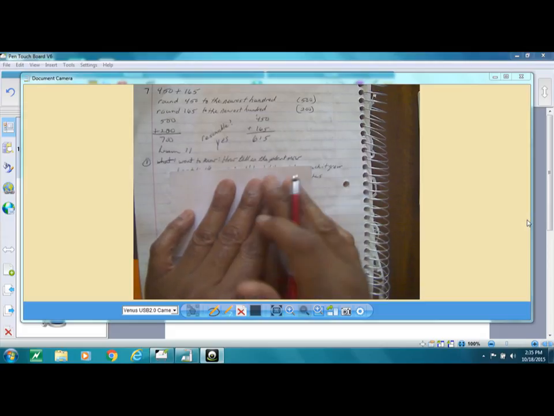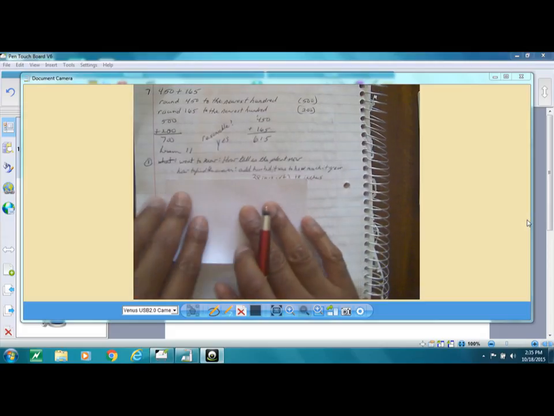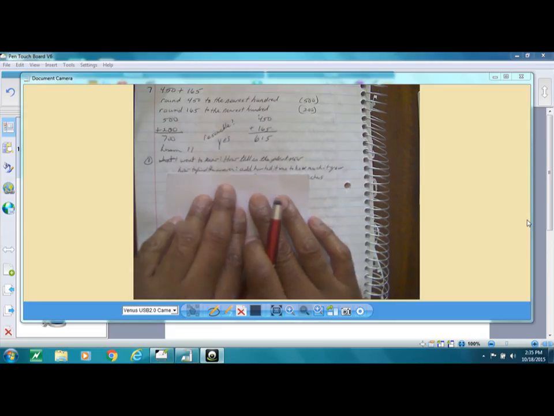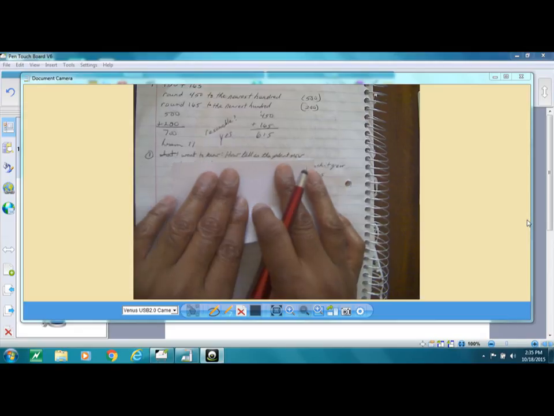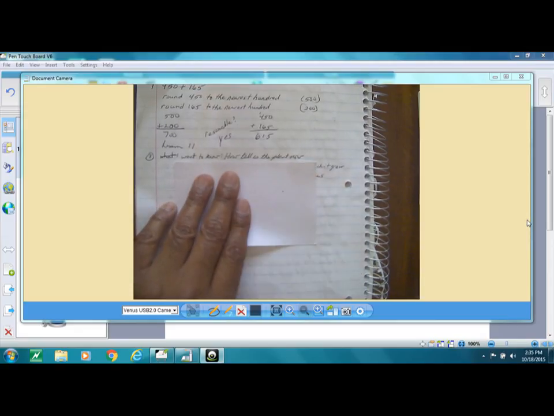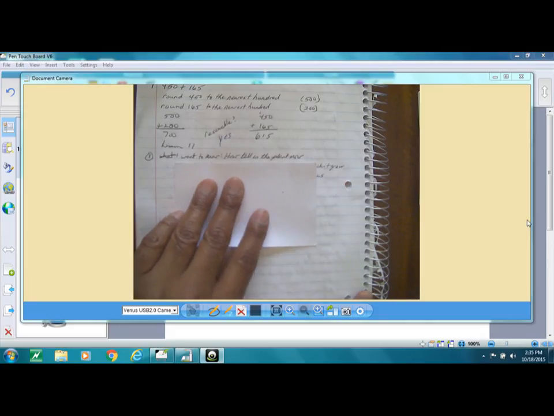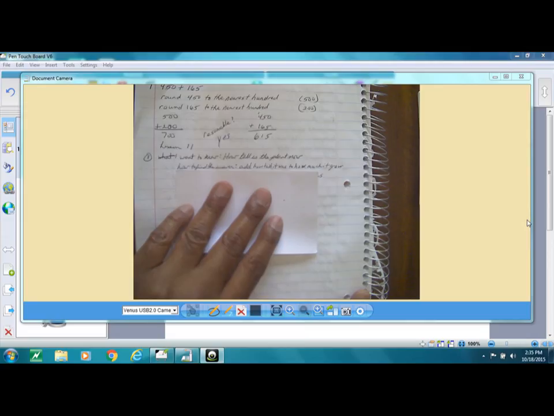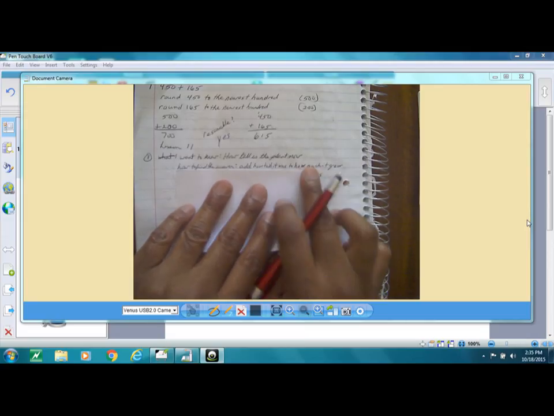When you work a word problem, you need to find out what they want to know. And they want to know, how tall is the plant now? How are you going to find that? You're going to add how tall it was to how much it grew.